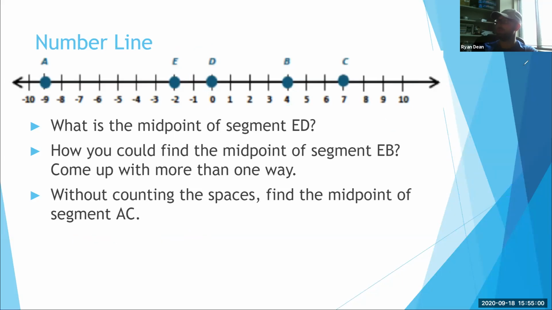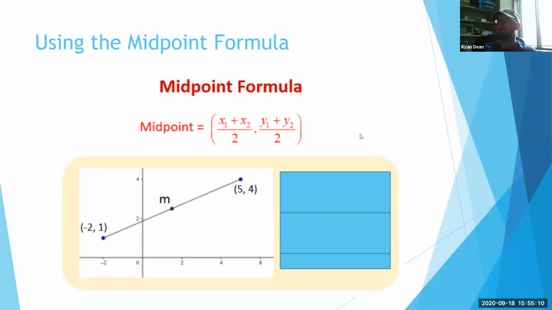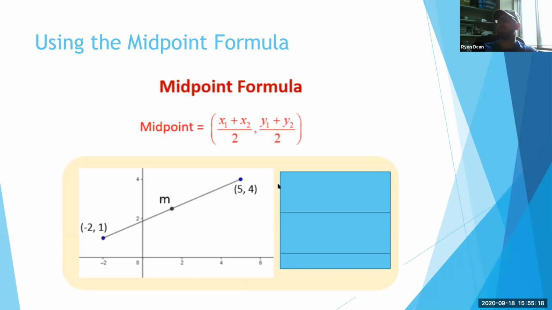So that's how we do midpoints using a number line. This is one-dimensional right here, this number line. What we need to do is also take a look at how to find the midpoints on two-dimensional figures, which is the XY coordinate plane. So this right here is the midpoint formula. We just took a look at it, right?